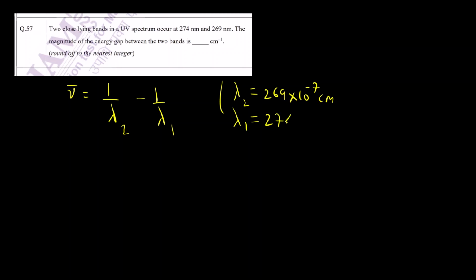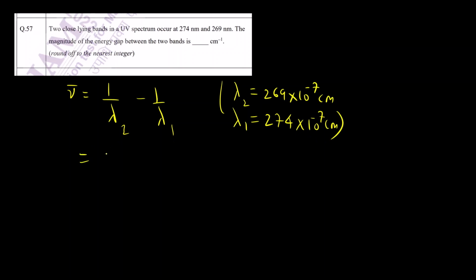Nu bar is equal to 1 by lambda 2 minus 1 by lambda 1. What is lambda 2? The lower value, 269 into 10 raised to minus 7 centimeter. And what is lambda 1? 274 into 10 raised to minus 7 centimeter.